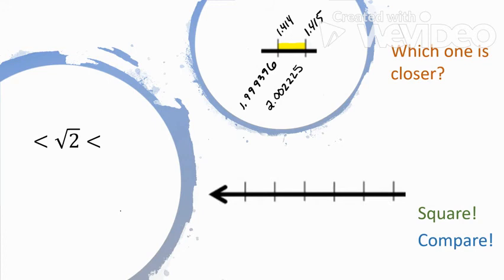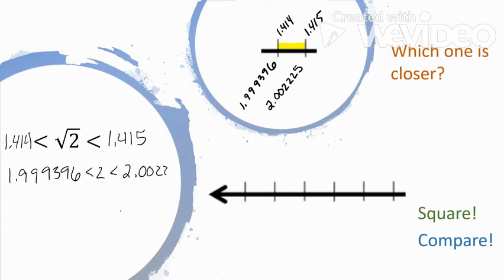But now we're between 1.414 and 1.415. So we have to figure out which one is closer. So 1.414 and 1.415. And we're trying to see is 1.999396 closer to 2 or 2.002225 closer to 2.